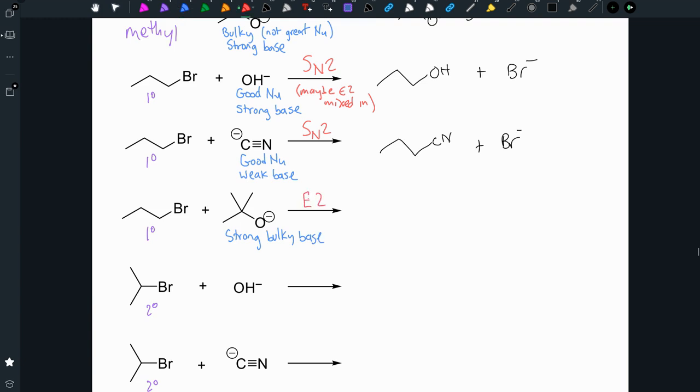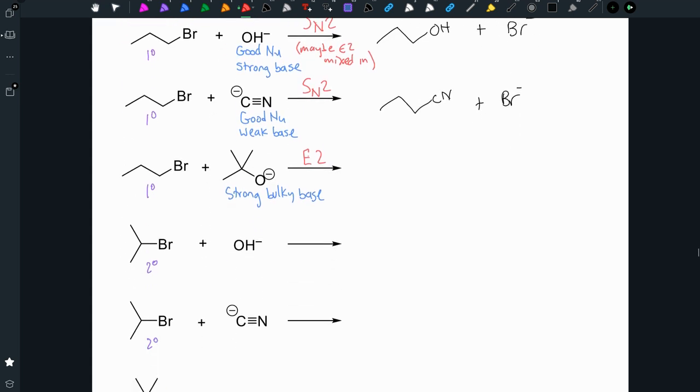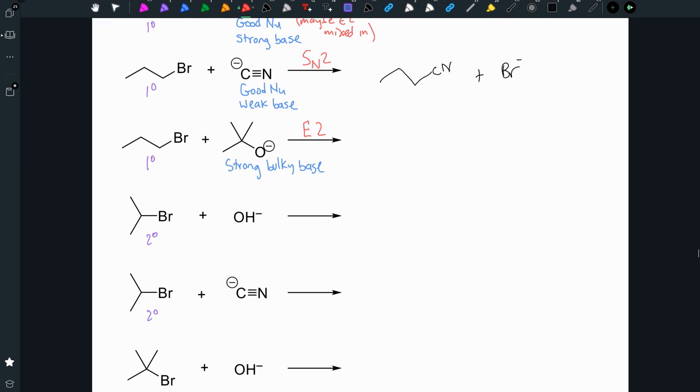And in this case, unlike the methyl iodide above, there is a neighboring carbon that I can pull a hydrogen from. So E2 is a possibility. So I'm going to say E2 is my major product in this case. As a byproduct, my tert-butoxide will become tert-butanol, but my substrate will turn into an alkene.